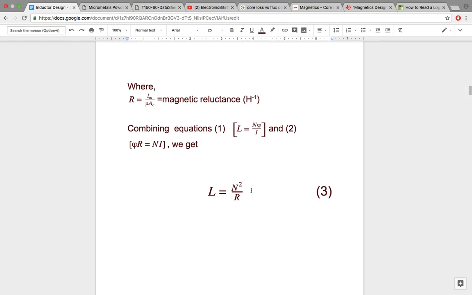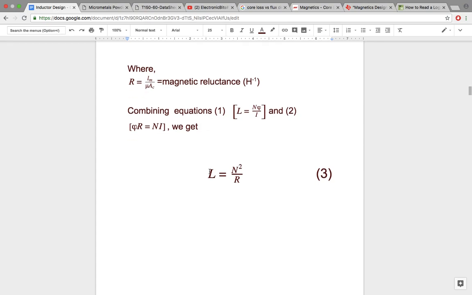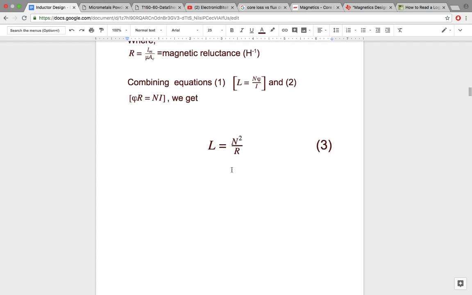Now if we combine the basic definition of inductance and Hopkinson's law, we can obtain the relationship between inductance and the reluctance of the core. If the number of turns in a core is constant, then reluctance and inductance are inversely proportional. So the higher the reluctance, the lower the inductance, and the lower the reluctance, the higher the inductance. This is one more very important relation while designing an inductor, which we will be using frequently.